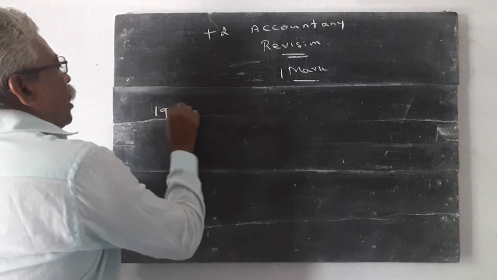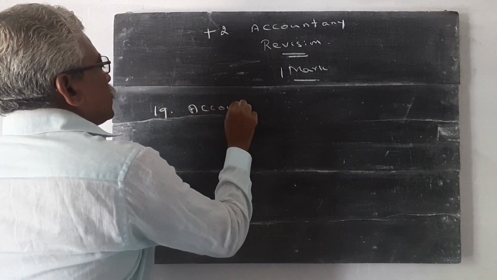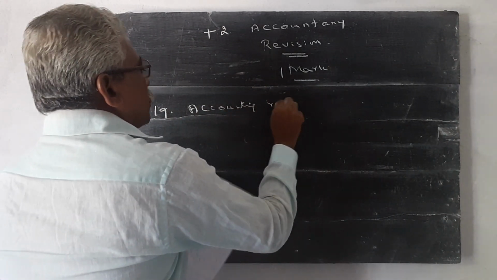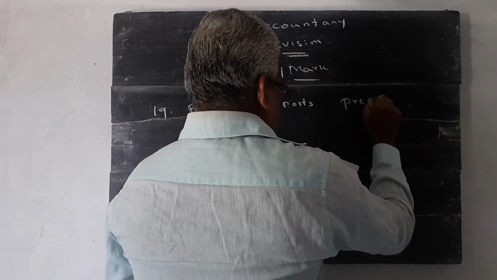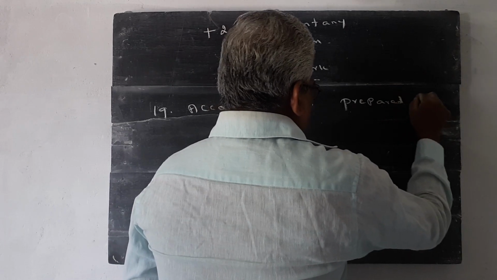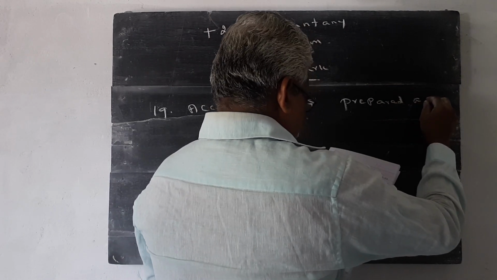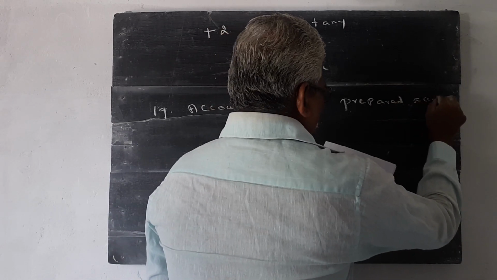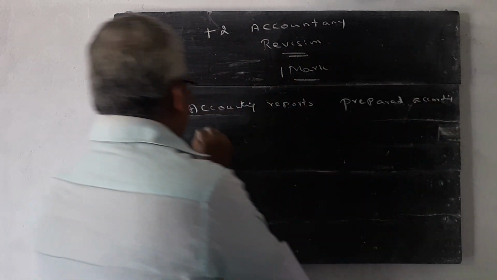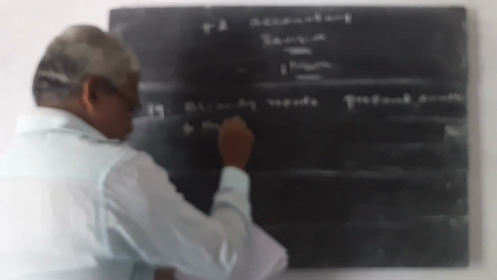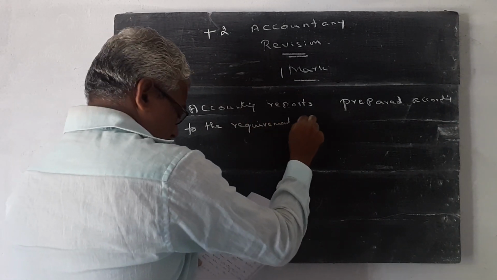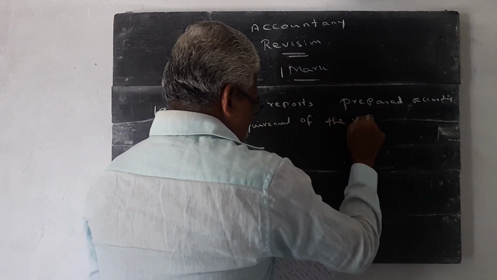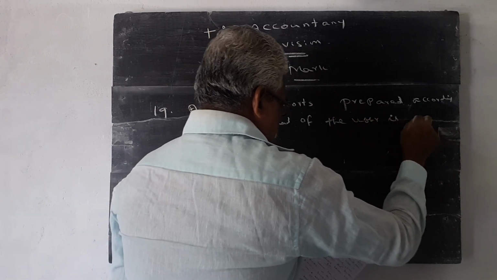Question number 19. An accounting report prepared according to the requirement of the user is dash.